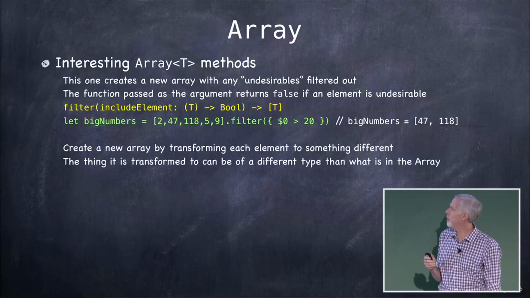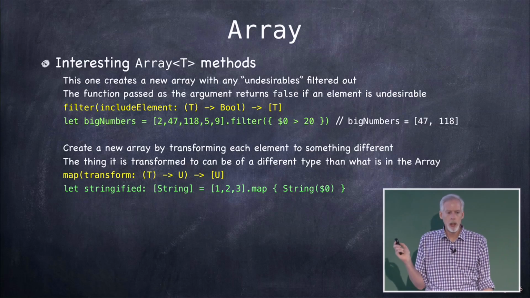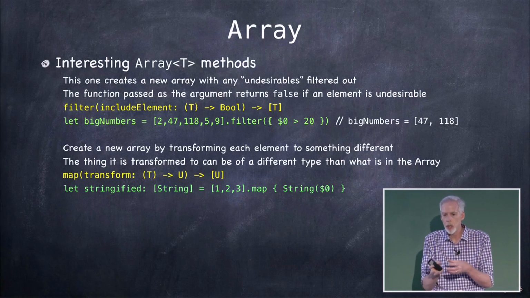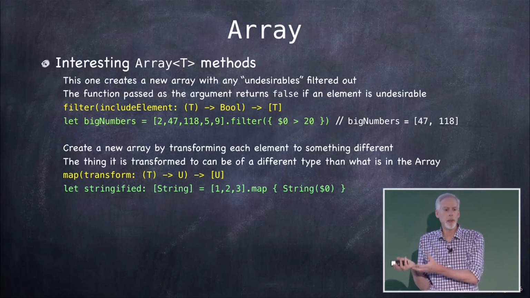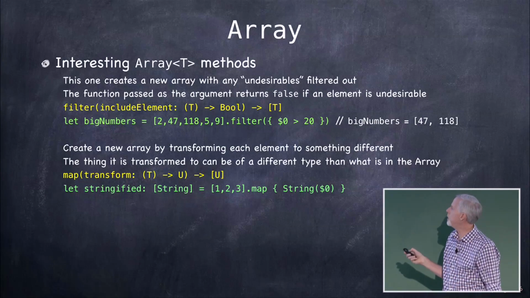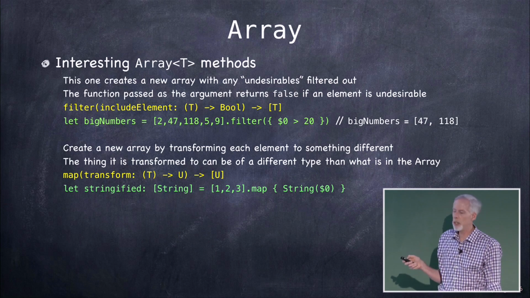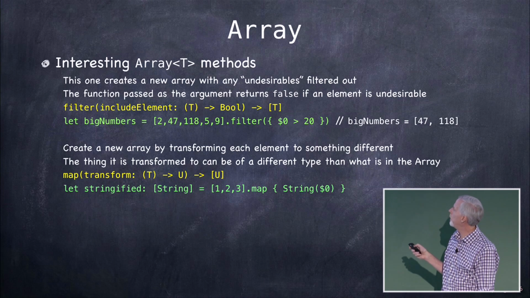Okay, there's another one similar, which is map. Map takes your closure, and your closure converts each element in the array to something else. So if you had an array of ints and you wanted it to be an array of strings, you could do it with this. Okay? Map, closure, string, $0. Notice, by the way, no parentheses here.